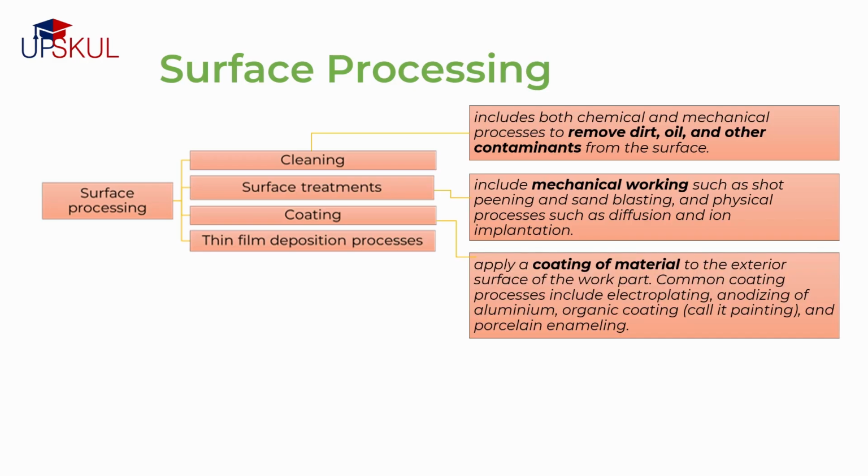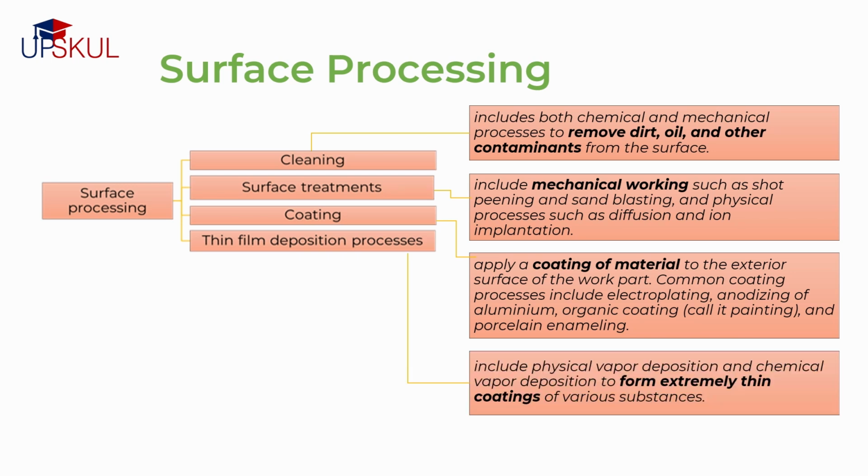Coating and thin film deposition processes apply a coating of material to the exterior surface of the work part. Common coating processes include electroplating, anodizing of aluminium, organic coating, and porcelain enameling. Thin film deposition processes include physical vapor deposition and chemical vapor deposition to form extremely thin coatings of various substances.